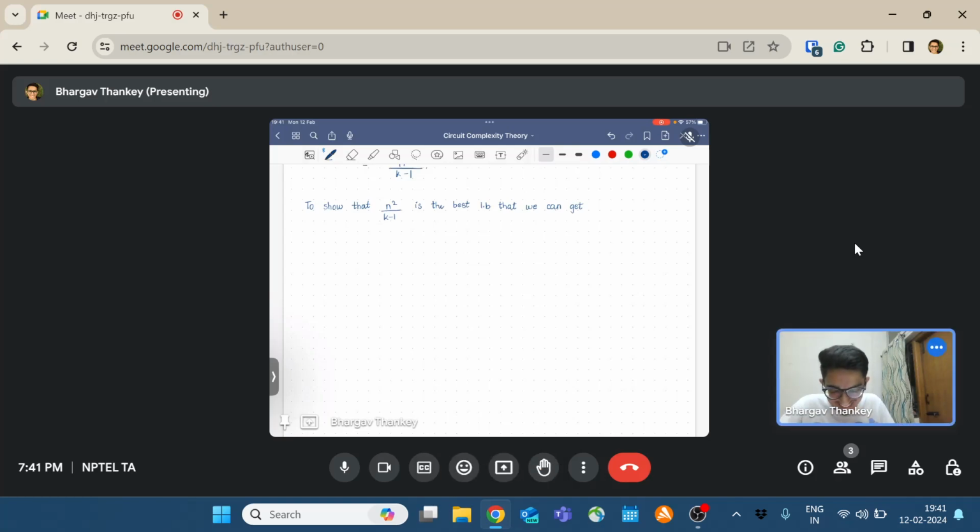So to show that n square over k minus 1 is the best bound we can get, we need: for all x in A, there exists y in B such that (x, y) is in the edge set, right?